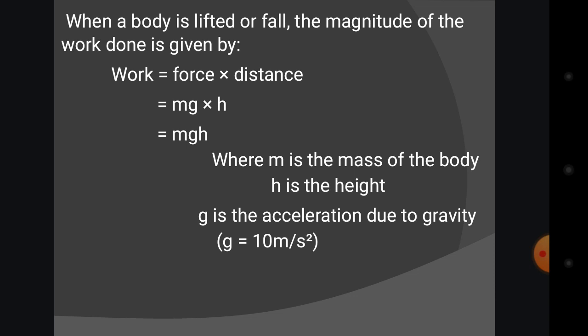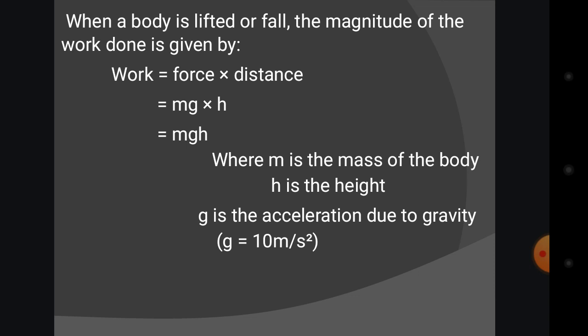And this force, normally when we say force, we are talking about mg, the mass times g, the acceleration due to gravity, that is the small g.